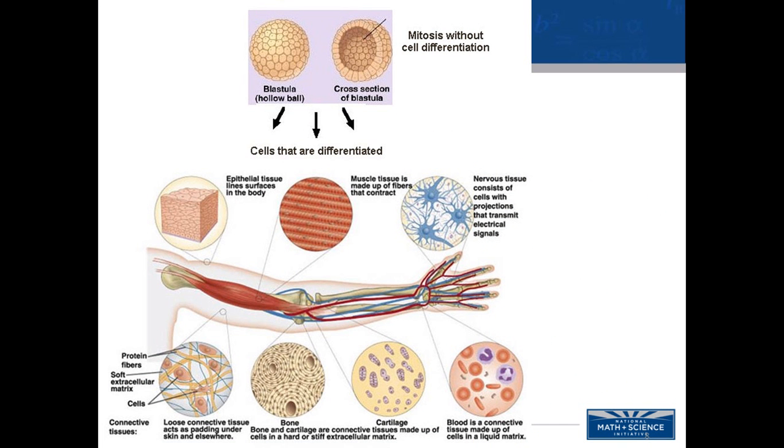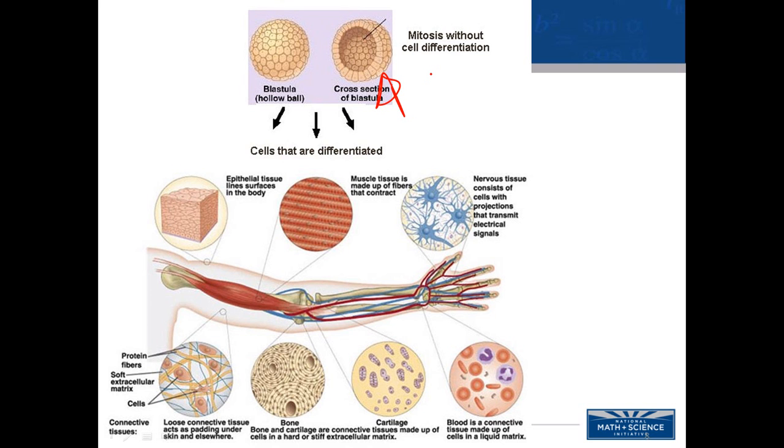Now, looking at a human being, we start off as a ball of cells, but we end up becoming very specialized. And somehow we have to go from cells that look very much like one another to cells that are very differentiated.